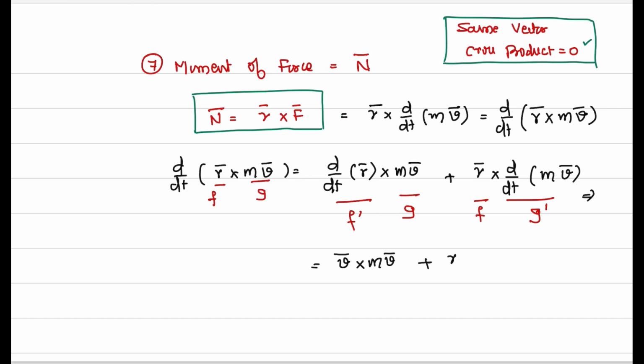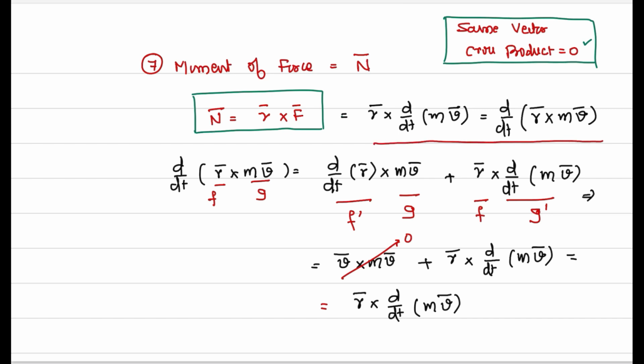So v cross mv becomes 0, plus r cross d by dt of mv. This is what we have got here. R cross d by dt of mv is equal to d by dt of r cross mv.